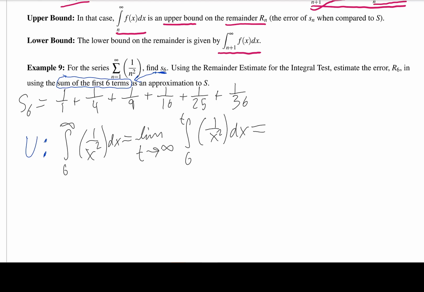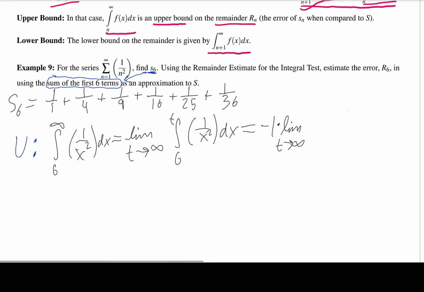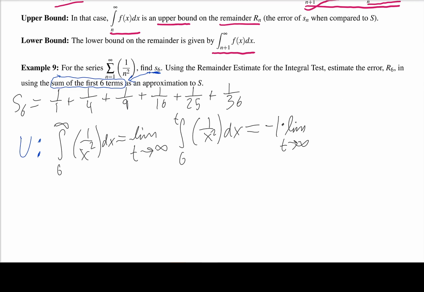And so this will give us negative 1 times the limit as t goes to infinity of, when we integrate 1 over x squared, that gave us our negative 1 out front, and then we should have x to the negative 1 evaluated from 6 to t.